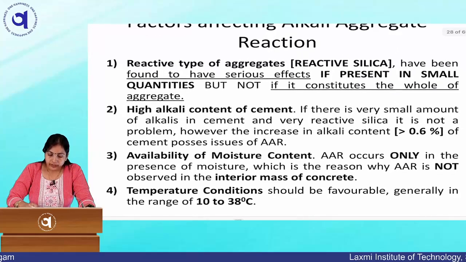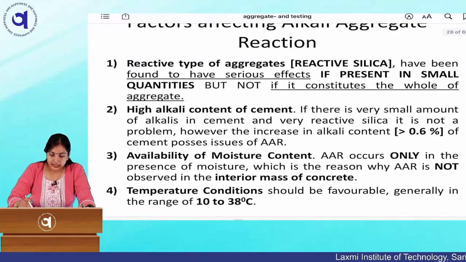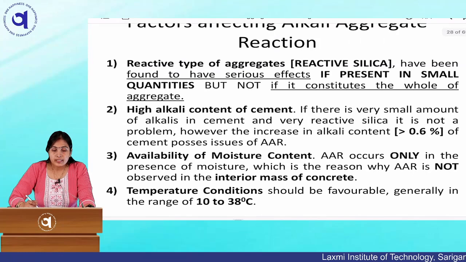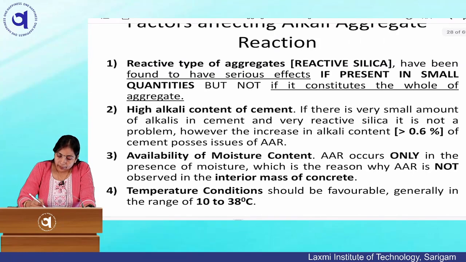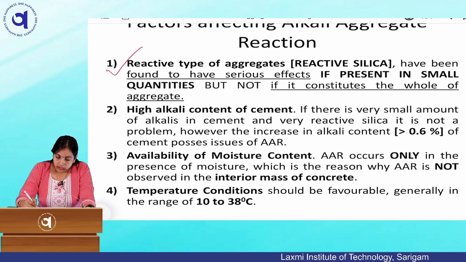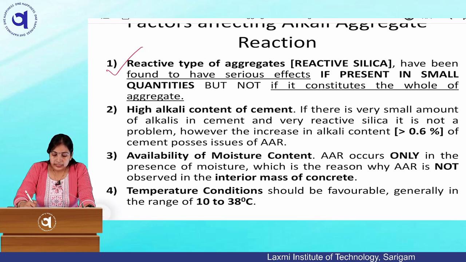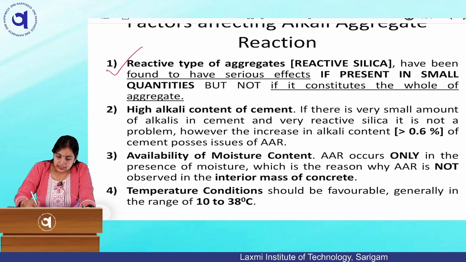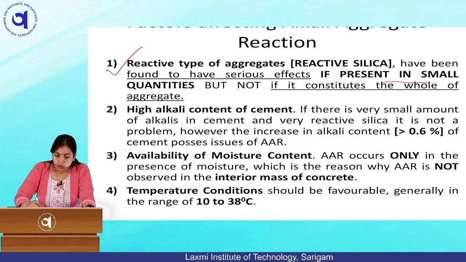So, the factors affecting alkali aggregate reaction are, first, reactive type aggregate, that is reactive silica. It has a serious effect even if present in small quantities, but it should not constitute the whole of the aggregate; it should be present in a very small quantity.